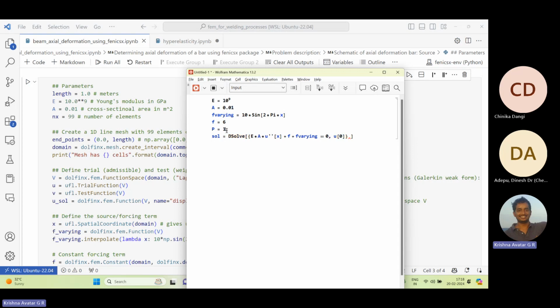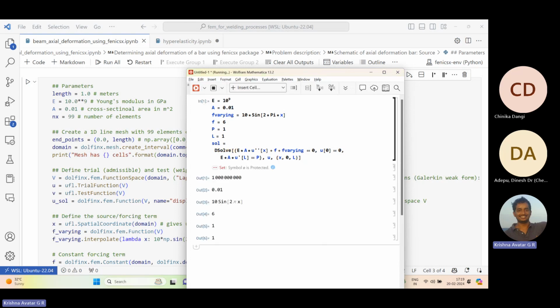Then we forgot to prescribe L, so L is equal to 1. So u of 0 is equal to 0, and then E into A into u prime of L equals E, then u, x from 0 to L.